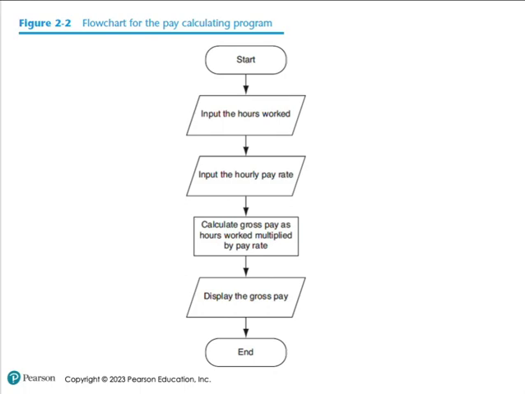In this example, they're going to take two values the user inputted and perform a calculation. So these flowcharts, this is what I would call a straight line program. It just starts at the top, runs down the page until you finally hit the end statement and your program terminates.